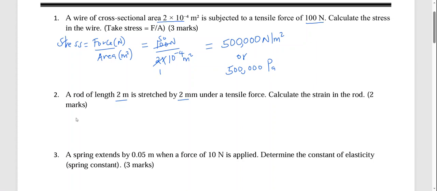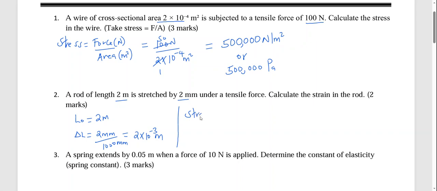Therefore, for this case, the original length is 2 meters and the change in length is 2 millimeters. Therefore, if I divide by 1,000 to convert it into meters, I'll have 2 times 10 raised to power negative 3 meters. Now, let's calculate the strain.